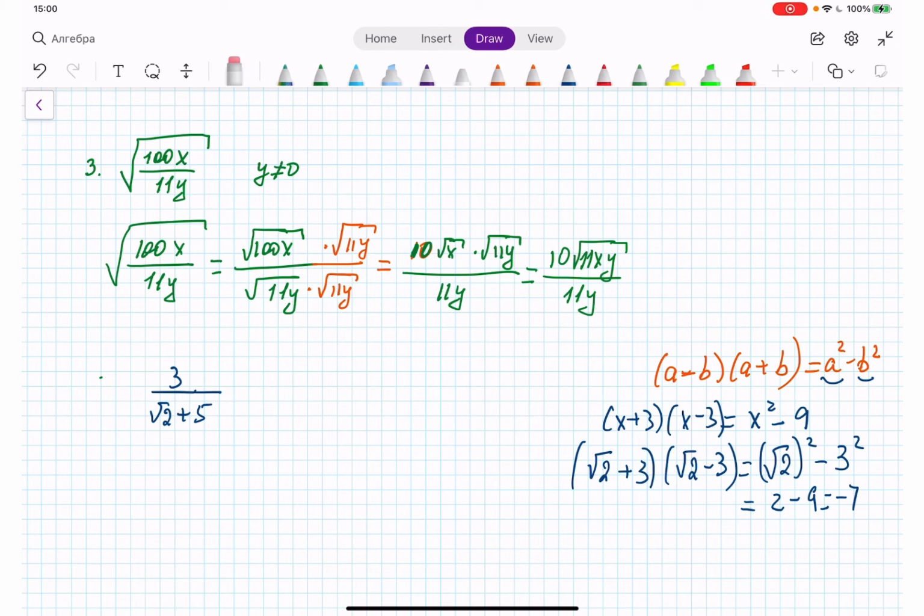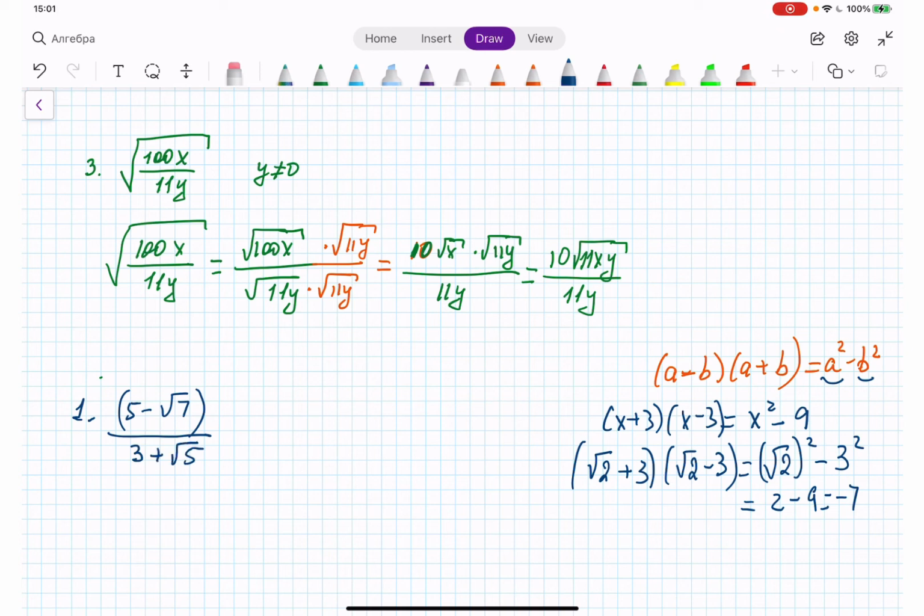Let me take an example and we can start working. Then I will explain. So we have, let's say, 5 minus square root 7 divided by 3 plus square root 5.